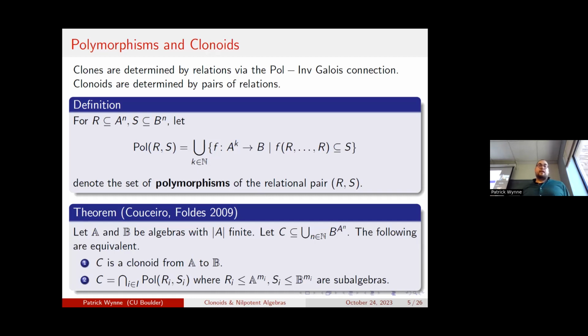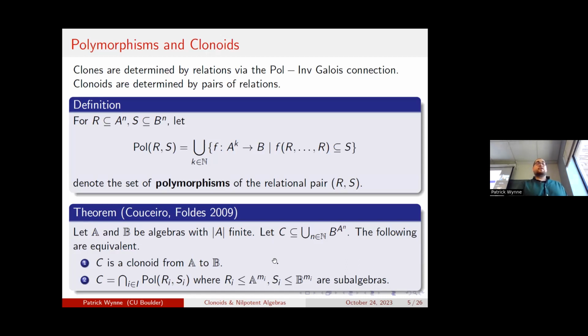So Couceiro and Foldes showed that polymorphisms exactly describe clonoids in the following sense. If we have algebras A and B with the underlying set of the algebra A finite, then a subset C of functions from powers of A into B is a clonoid exactly when C is determined by some set of relational pairs.